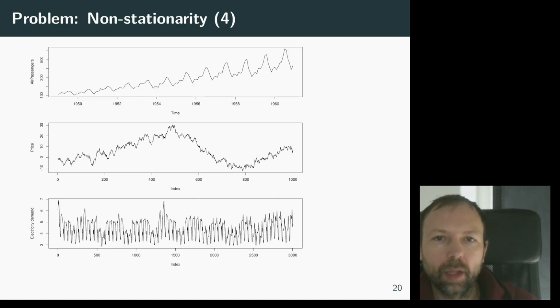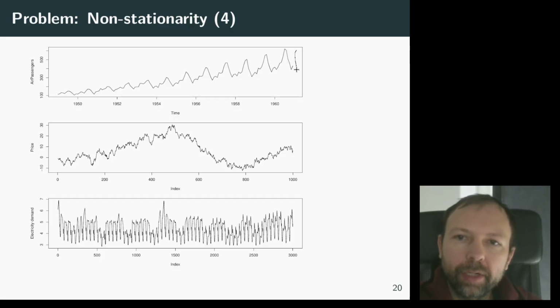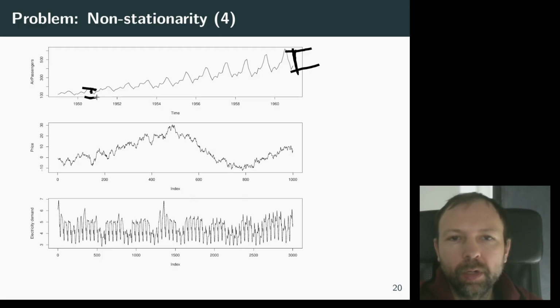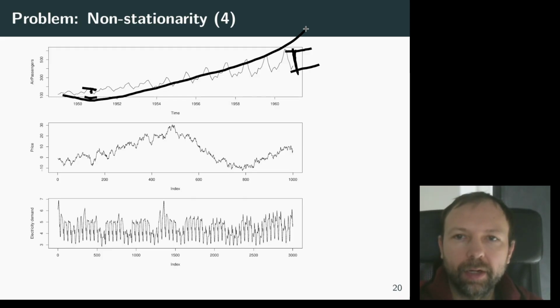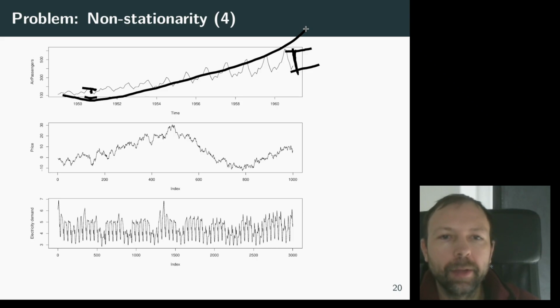So non-stationarities come in very different ways, shapes, and forms. Here I have some examples. A typical air passenger data set, obviously, that has this growing variance, right? So this here is a lot bigger than this here, and it has kind of a non-linear trend. In this plot, it looks maybe even a bit linear, but it's a non-linear trend.